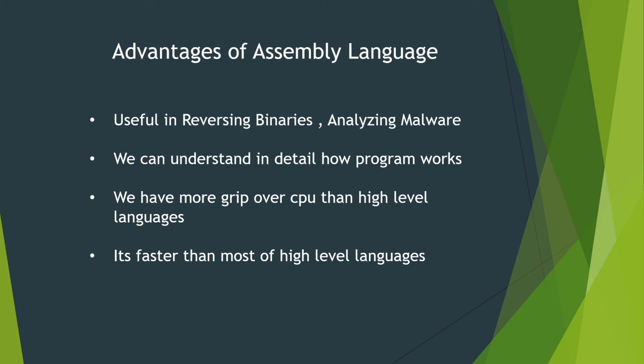Suppose you take a C program and an assembly language program, they almost execute at the same speed, but in complex programs the assembly code will be so much longer that it might degrade the performance in assembly, but it's not that much slower than C. I would give both a go, and it's almost pretty much faster than any other high level languages like Python or Java. So these are the advantages of assembly language.